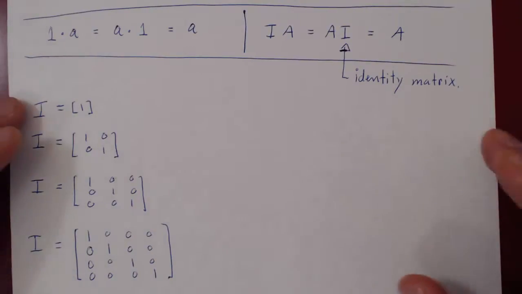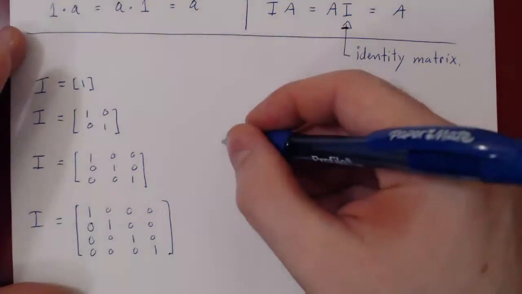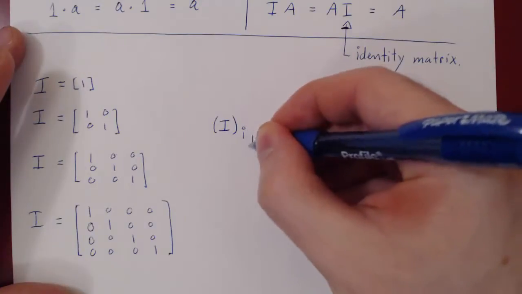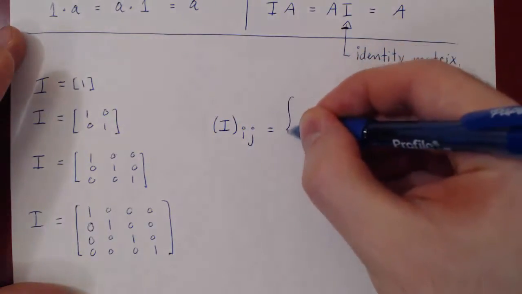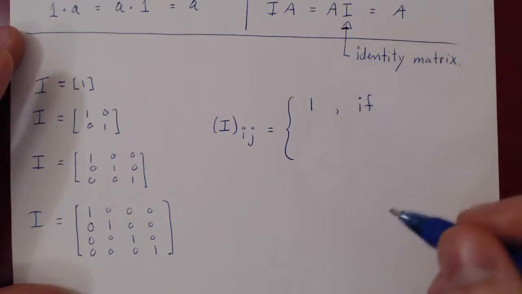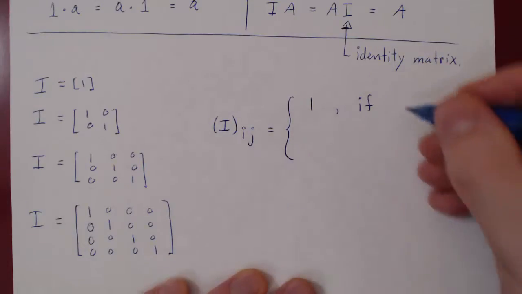So in general, we can define I, if it's an n by n, quite simply, right? So we will write simply the entries of the matrix I in the ith row, jth column. What are they? Well, they are equal to 1 if we are on the main diagonal. You say, well, how do we say this? Well, if you think of it, this is the entry 1,1, 2,2, 3,3, 4,4. So you're on the main diagonal if the row index equals the column index, so if i equals j.